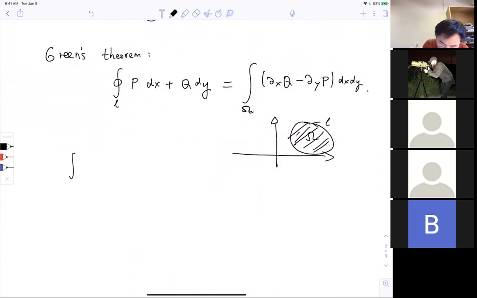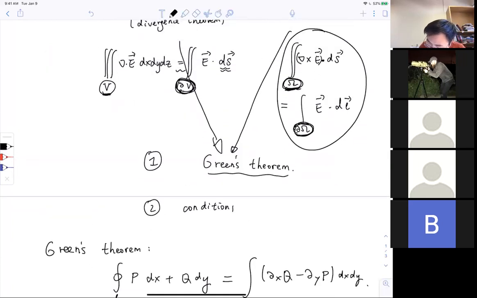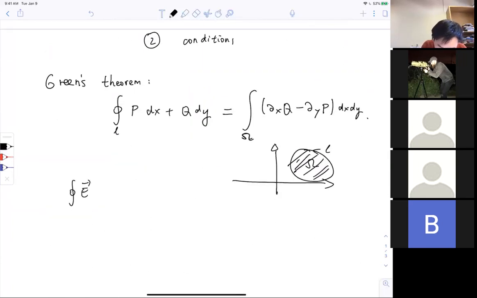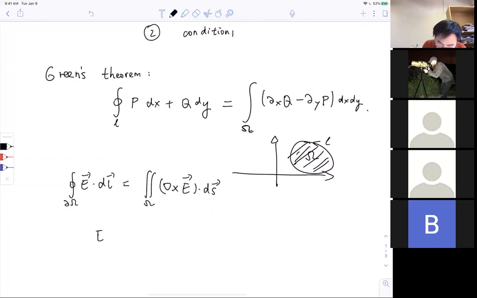To prove this, we can start from the Stokes theorem. Let's write it again: the integral over the boundary of omega of E dot dl equals the integral over omega of curl E dot ds. Let's set E so that we identify this line integral with this line integral.